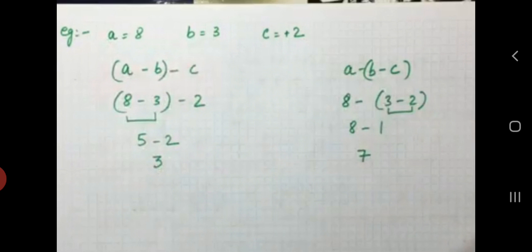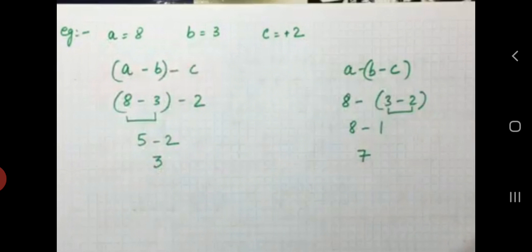So, for the first case, a minus b means 8 minus 3 and then minus 2. So, we shall first solve 8 minus 3, that is equal to 5 and then minus 2 as usual, and the answer is 3. Coming to the second case, a minus (b minus c). So here we shall write 8 minus within bracket 3 minus 2.